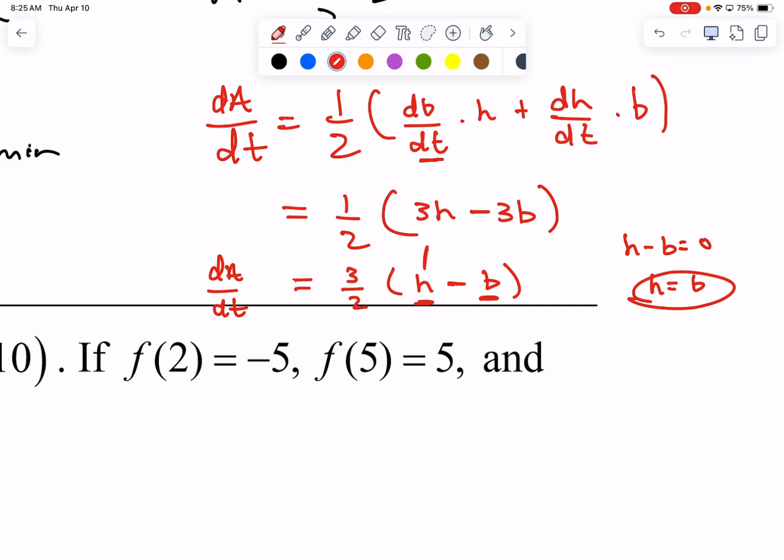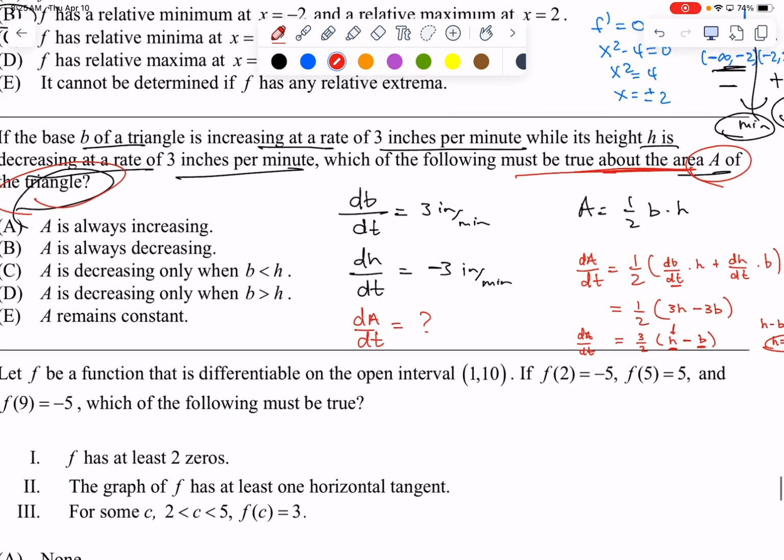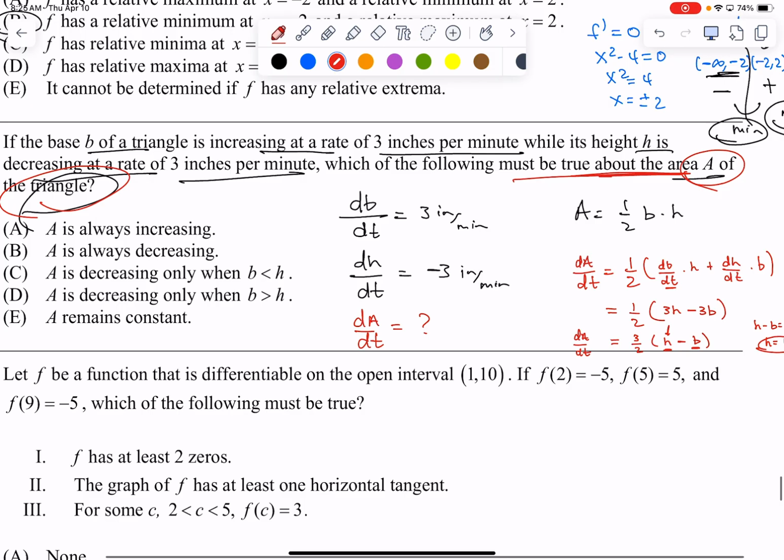So if H is bigger, the area will be increasing. If H is smaller, the area will be what? So I've got to figure that out. So it's definitely not always increasing. It's definitely not always decreasing. So A is decreasing when B is less than H. No, because it's H minus B. A is decreasing when B is greater than H. Is that true?